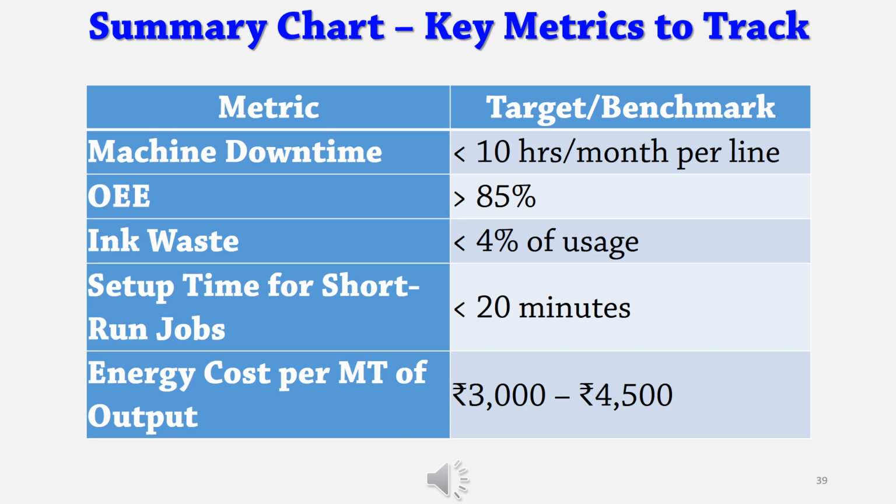Setup time for short run jobs should be less than 20 minutes. Energy cost per metric ton of output should be around rupees 3000 to 4500. This is just a guideline, so based on your experience and your actual cost you can make your own target and benchmark.